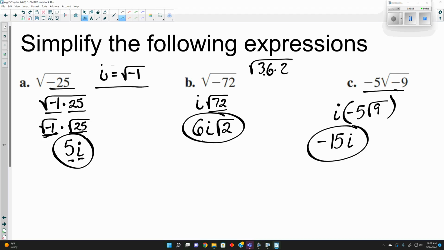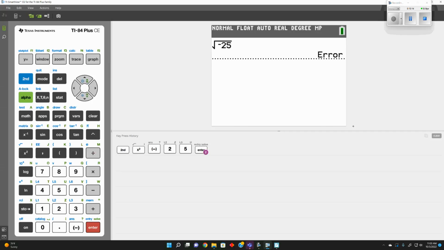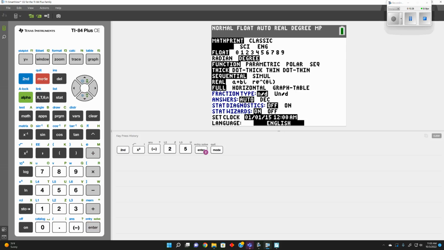Questions on any of this here? Now, guys, we can pull up the graphing calculator. So it gave us an error here, yes? If you notice up next to where it says degree, it says real, yes? That's not on the 30XS. Now, guys, if we go into mode, after sequential, you see real, and right next to it is a plus bi, yes?